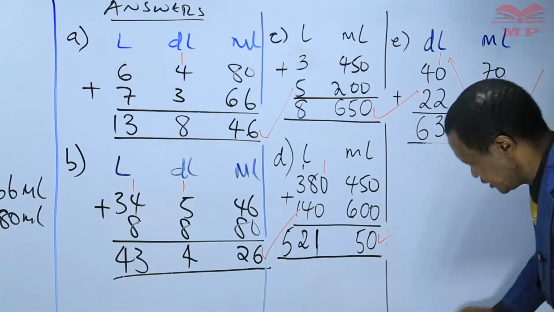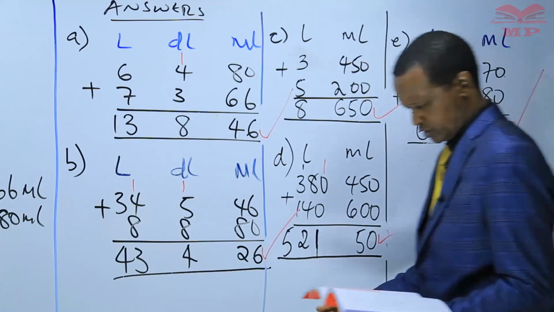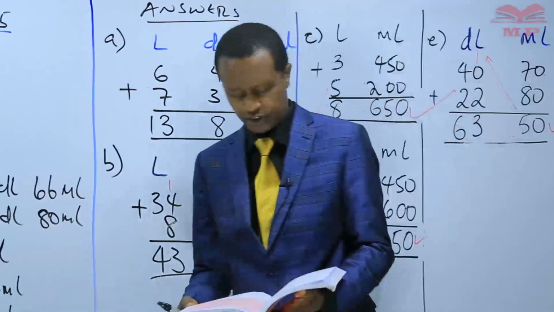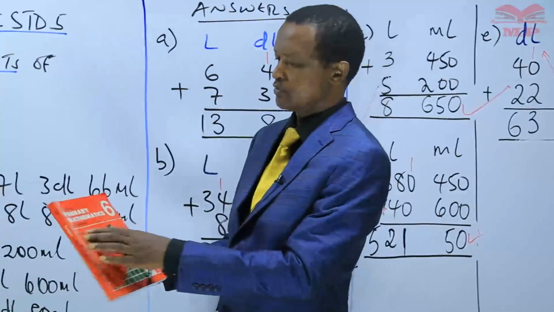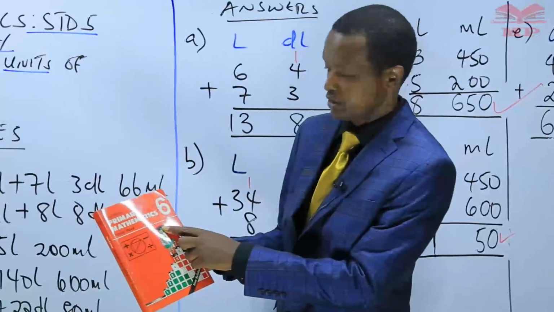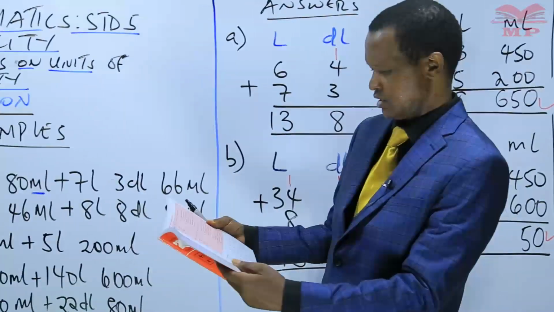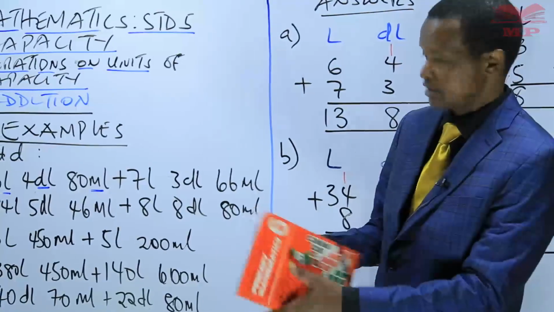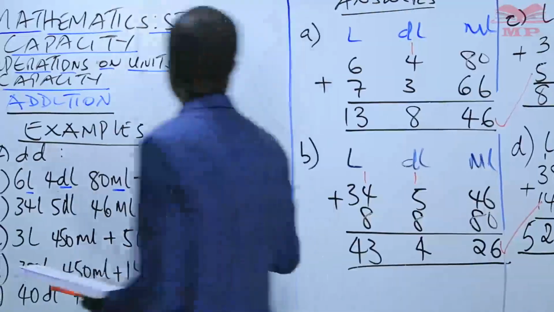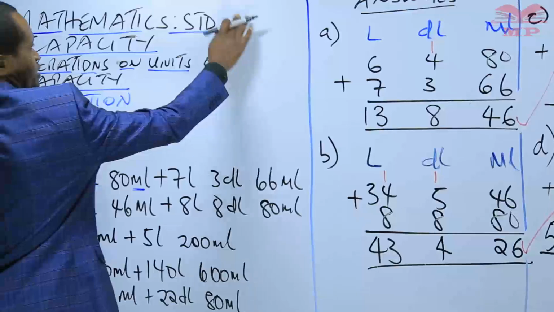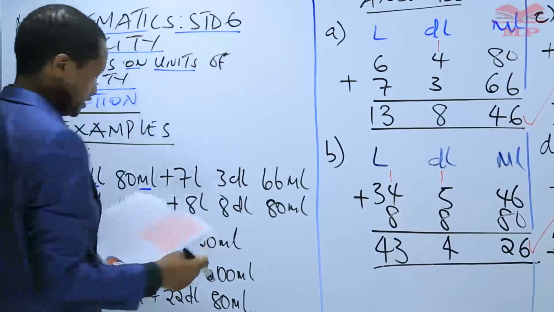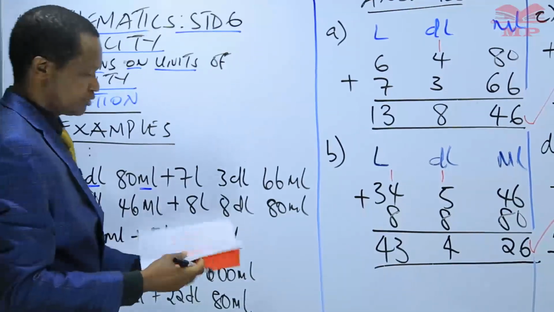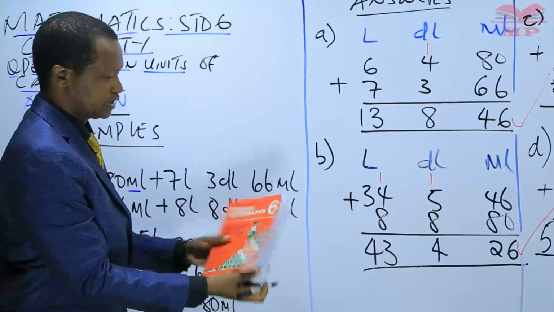So at the end of every lesson, we give exercises. This is your book. Please go to exercise 113. This is standard 6, and we need to write here standard 6, not standard 5. This is primary mathematics standard 6.